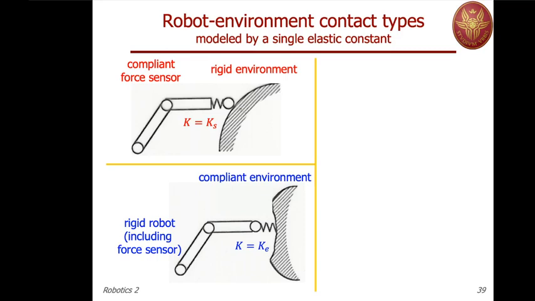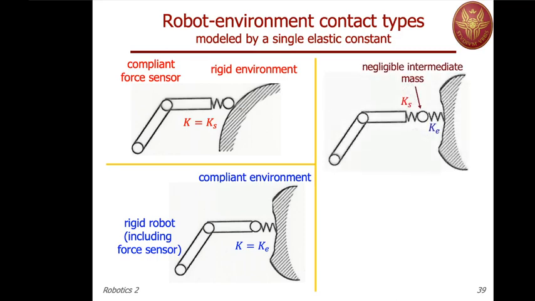So the situation is very similar. It's just you're replacing K. In one case, the dominant compliance is given by the stiffness Ke, and the other case is given by the stiffness of the sensor. Indeed, you may also have a situation in which you have a compliant environment, and you have also a sensor that has a finite value of stiffness Ks.